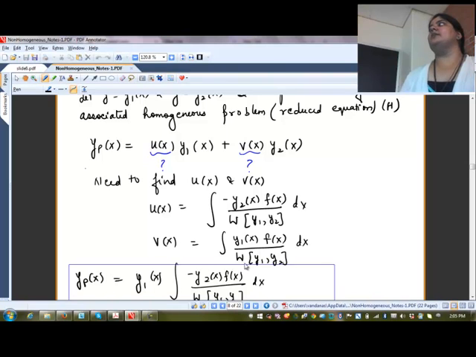Now this method will work if the differential equation has non-constant coefficients, and if your right hand side is of any form. It doesn't have to be sine only or cosine only or exponential times sine, exponential times cosine. So this will work every time. But the only problem here is sometimes this integration becomes very hard, or sometimes it is even impossible to integrate.